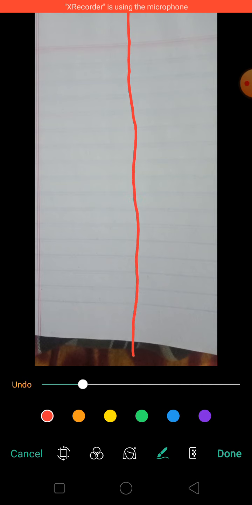How can I say that y is equal to x is a straight line? Y is equal to x. Put any x value, 0, 1, 2. So the y value becomes 0, 1, 2. So 0 comma 0 here, 1 comma 1 here, and 2 comma 2 is here. So look at that, straight line. Correct? So our first graph, y is equal to x cube graph, is like this.